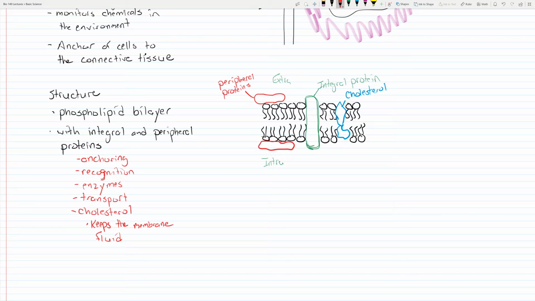Okay, so now I want to talk about the transport proteins, because those are actually the most important part of this, in my opinion. So the transport proteins, okay, they can be receptors. So we're going to make a new little line right here, transport.